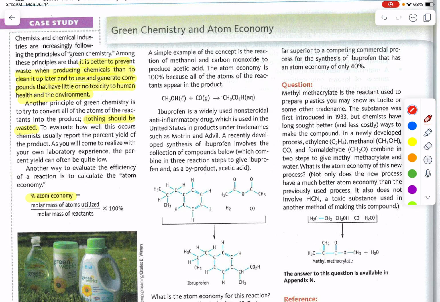Obviously, the thought of being good stewards of God's environment is a very biblical concept and idea. This premise goes all the way back to Genesis chapter 1.